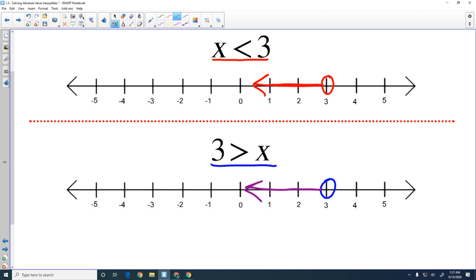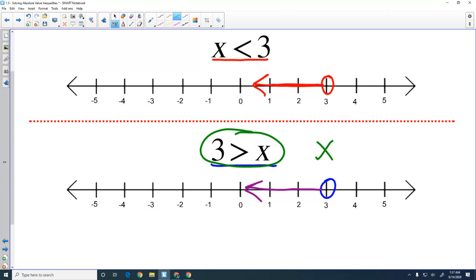And so just like on that previous slide, how I said the arrow pointing in the right direction rule only works when the variable's on the left, what I'd suggest doing so that you don't get confused is anytime you see an inequality like this one on the bottom, where the variable's on the right, go ahead and flip it around, but please be careful. When you flip both sides of the inequality, what else do you need to change? The sign, right? That inequality sign needs to flip as well.